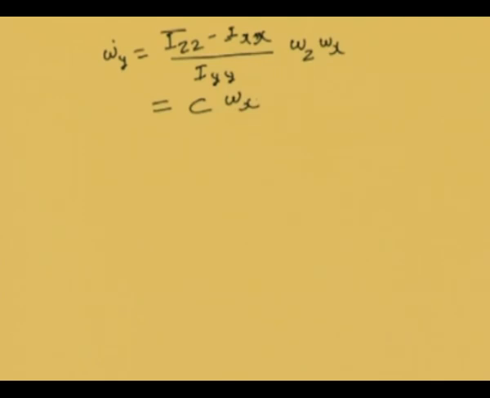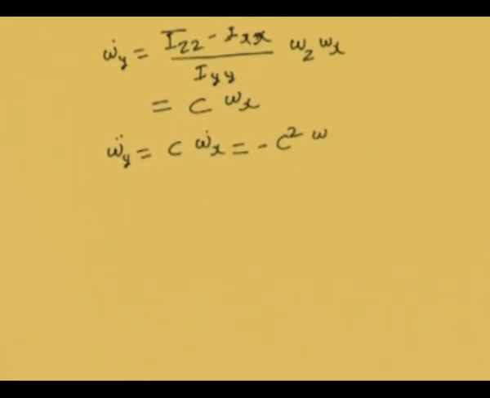Now if we differentiate this equation, then you will get omega dot y is equal to c times omega dot x, that is equal to minus c omega y.